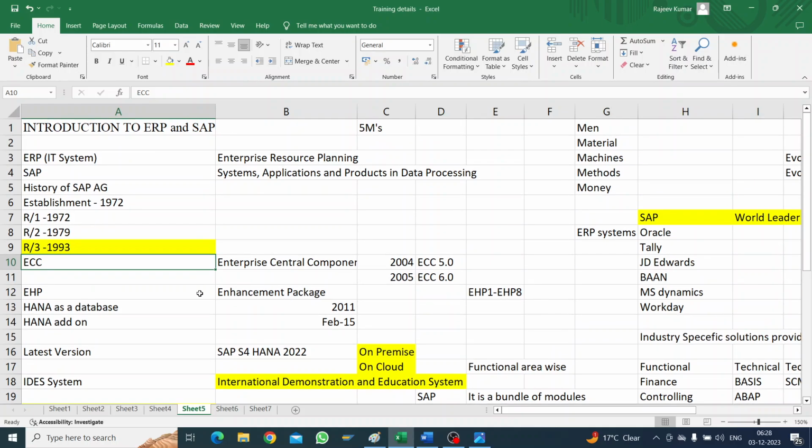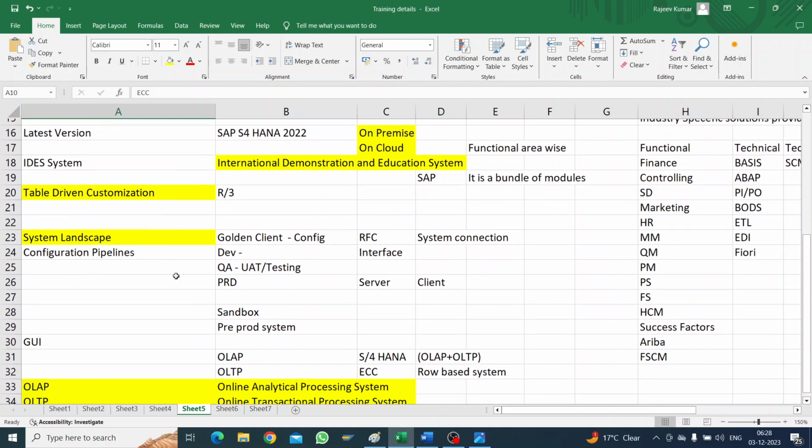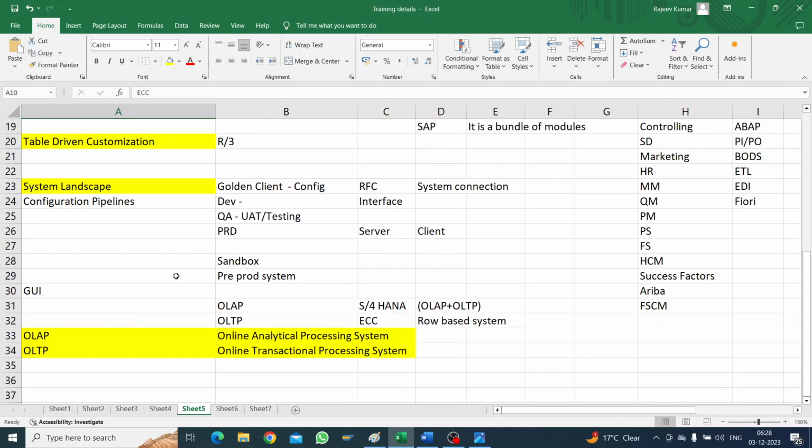Now, I hope this introduction to ERP, SAP and all other things you can see has been understood. Now I will talk about something called system landscape, also called configuration pipelines. Basically, a system landscape is a landscape where systems are connected with each other.